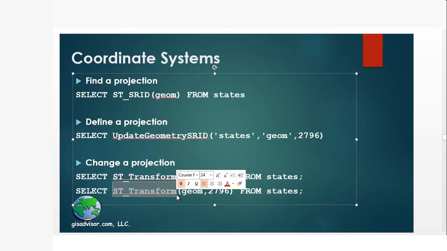If you think in the ESRI world, there's the define projection versus the project command. So project will actually move and change the data just like ST_Transform does, and the define projection just says let's assume that the projection for this data is latitude and longitude or UTM. So that's the same for update geometry SRID.